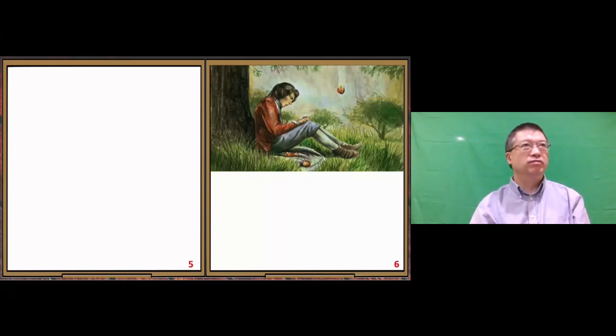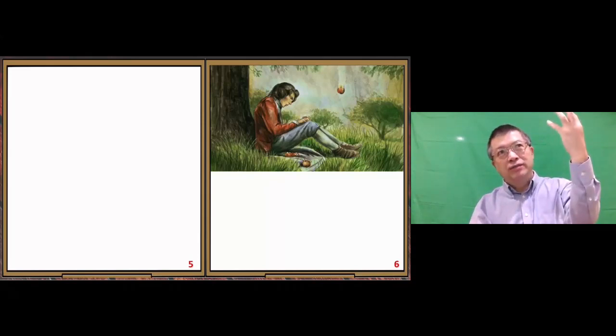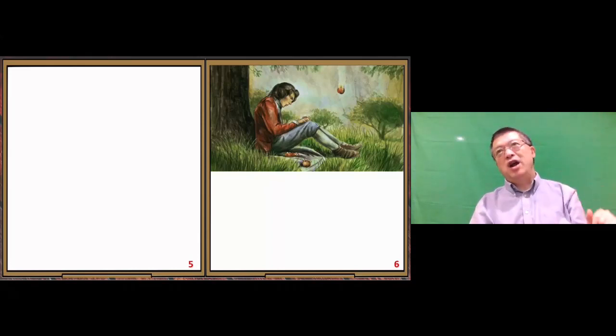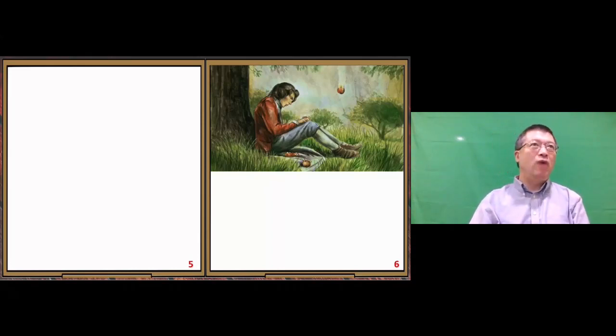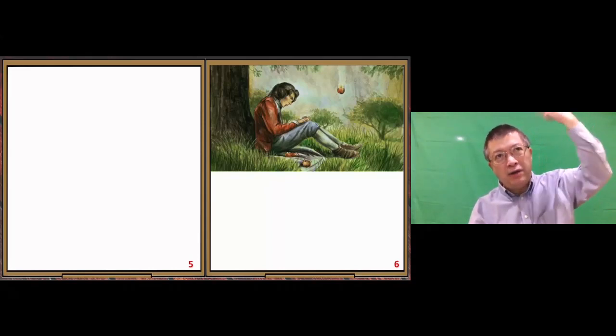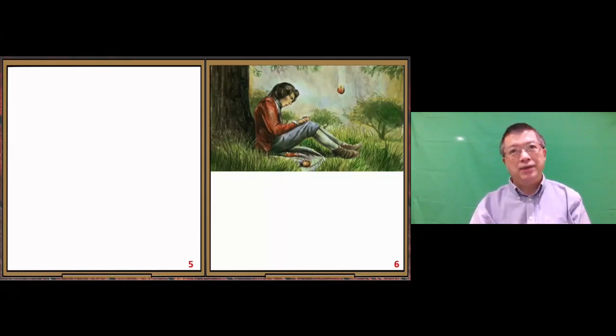How many people? Possibly hundreds of thousands, right? But only Isaac Newton, after the apple hit, started thinking about why the apple hit his head. Think about that.